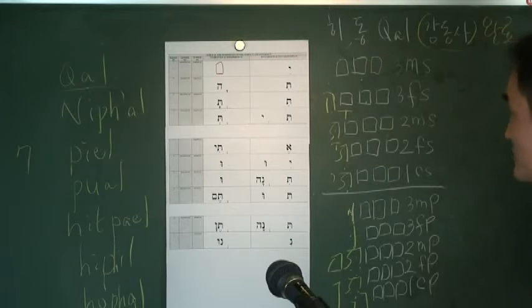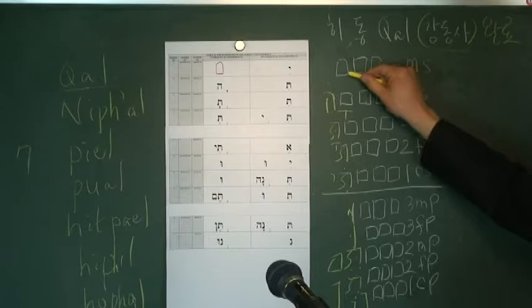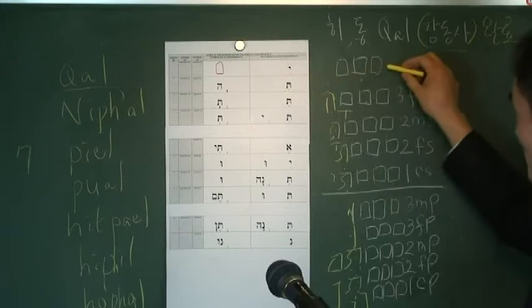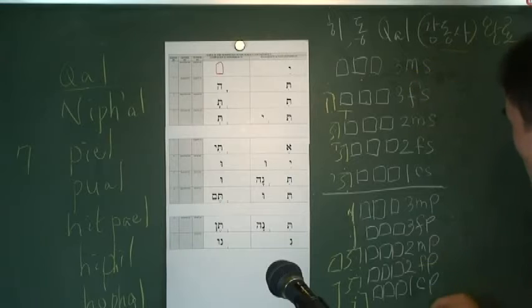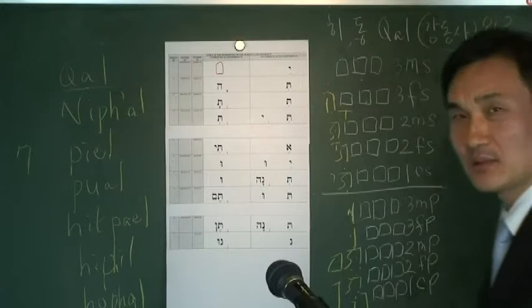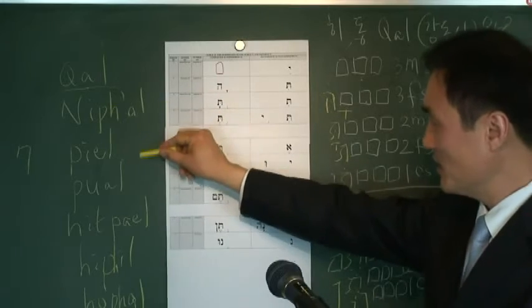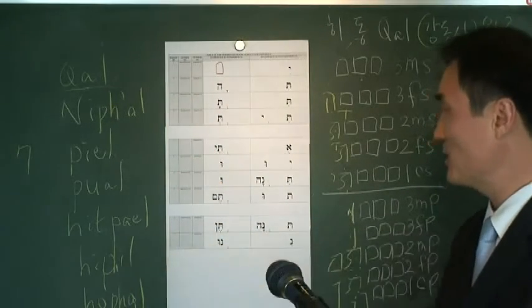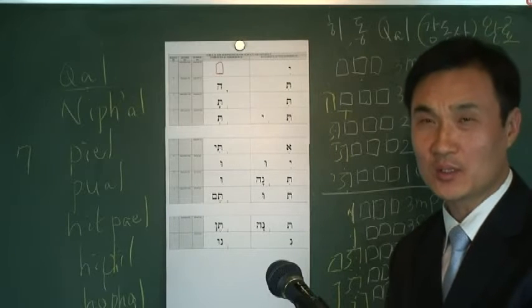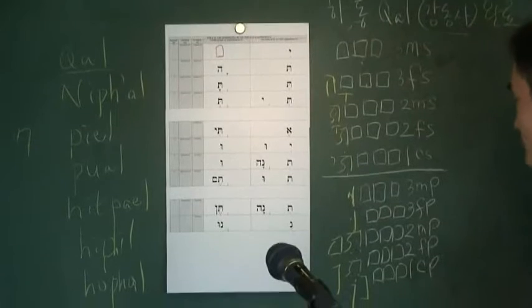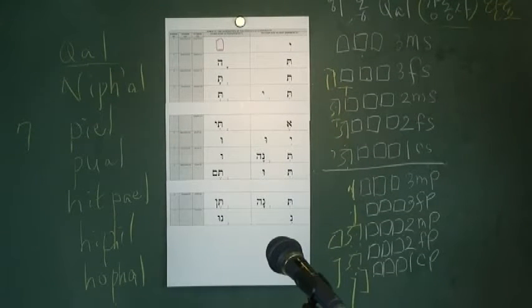This here in the middle is the perfect form of the kal verb. When we put 3 Hebrew consonants here, we will gain a form of the kal verb, which will have changes in the person, gender, and number. In the next lecture, we will study how we would make the model of the perfect form of the nifal, piel, pual, hitpael, hifil, and hofal.